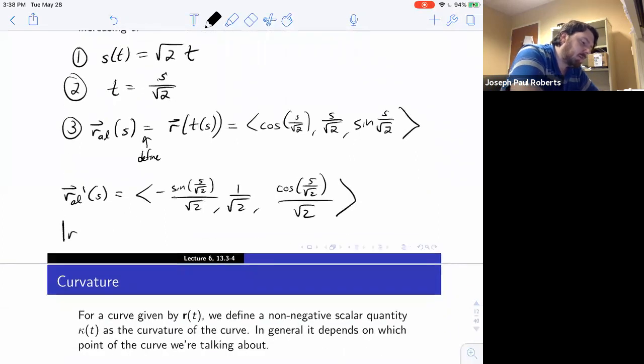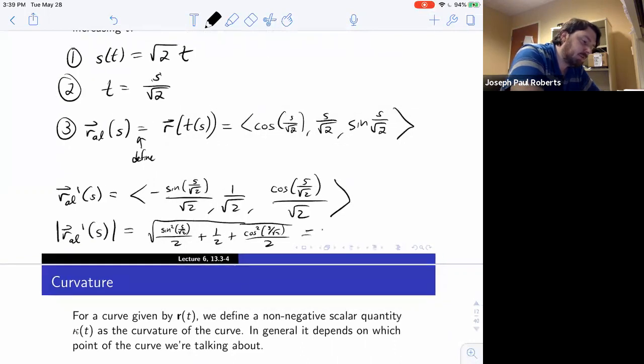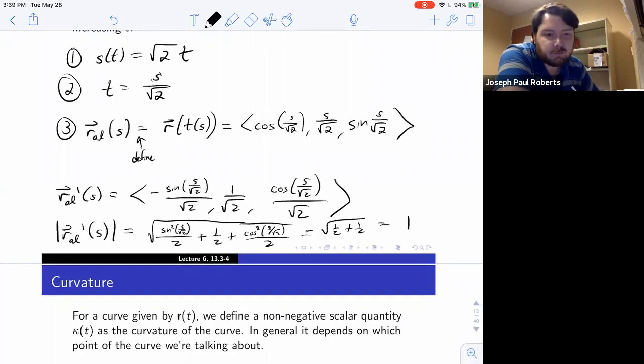And so the length of r prime of s is going to be the square root of sine squared of s over root 2, over 2, plus 1/2, plus cosine squared of s over root 2, over 2, which the Pythagorean theorem tells you is square root of 1/2 plus 1/2, which of course is 1.